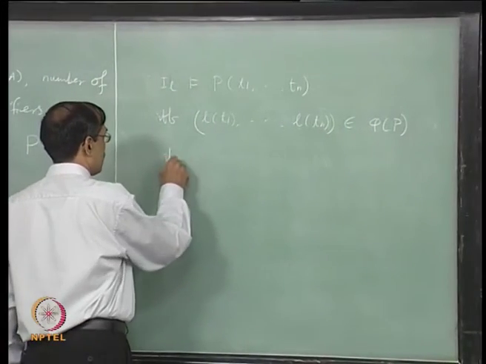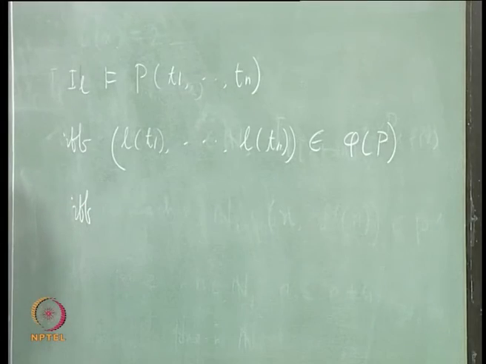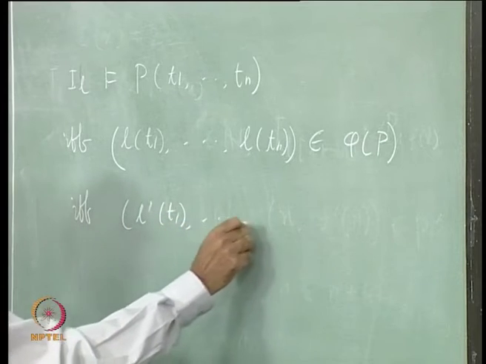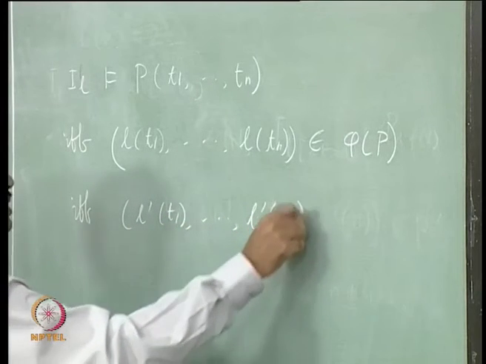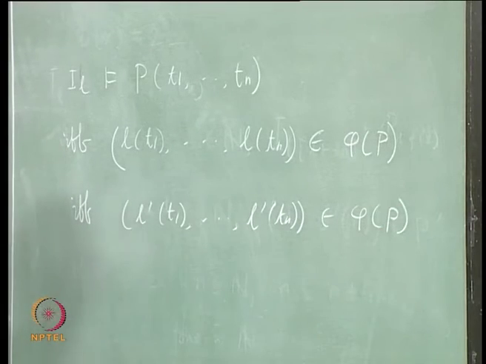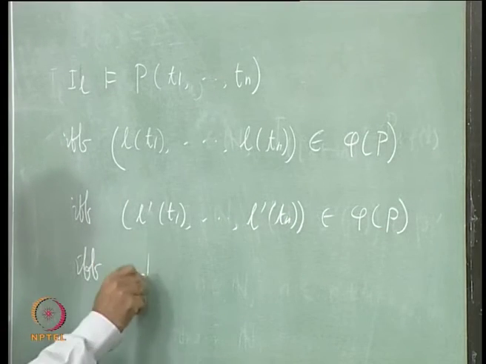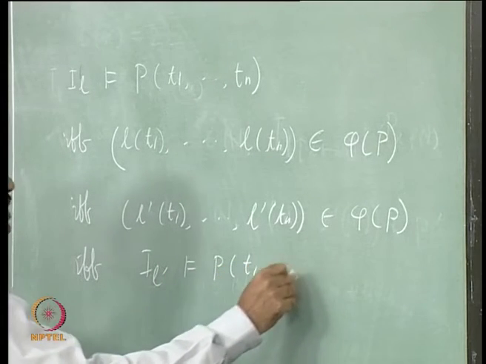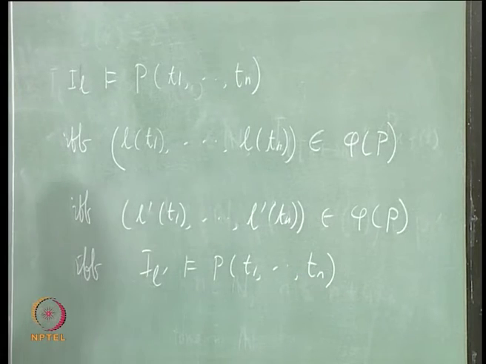And then next two lines similar things, L of each term equal to L prime of each term. So, you just go to L prime of T1, L prime of Tn belongs to phi of P, and that is exactly what we wanted. I L prime satisfies P of T1 to Tn. Is that clear? So, basic step is clear.